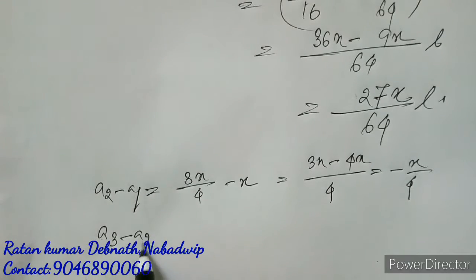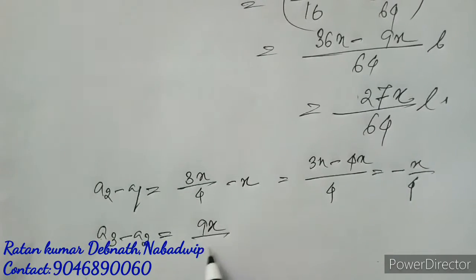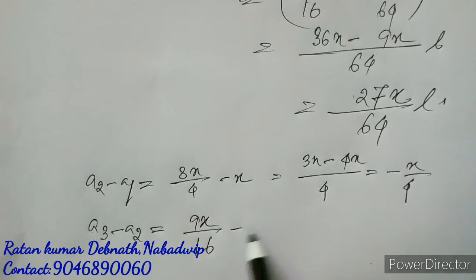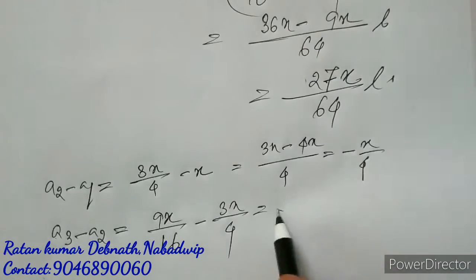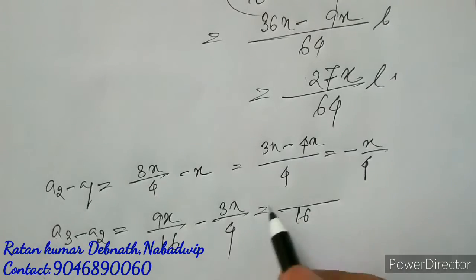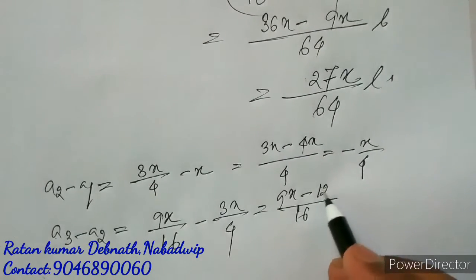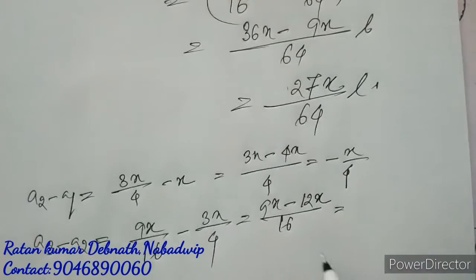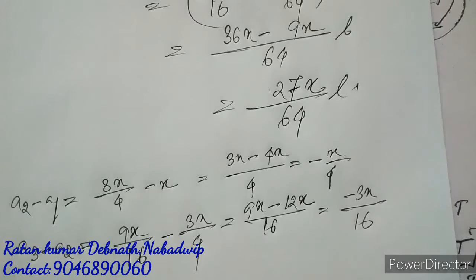A3 minus A2 equal to 9x by 16 minus 3x by 4, 9x minus 12x by 16, minus 3x by 16.